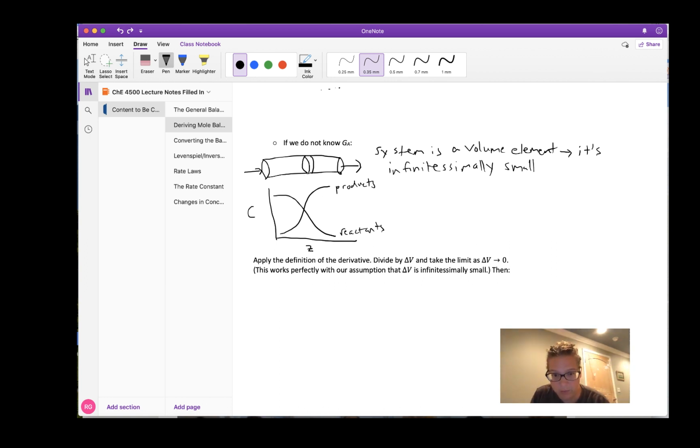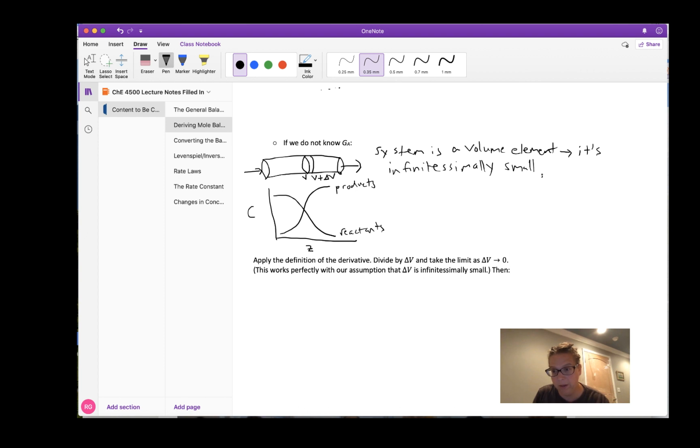So if I do that, when I define this plug, I say that the plug exists at some point V, and then V plus delta V. So this is just some length or volume, and then this is V plus delta V. Delta V is the volume within this plug.